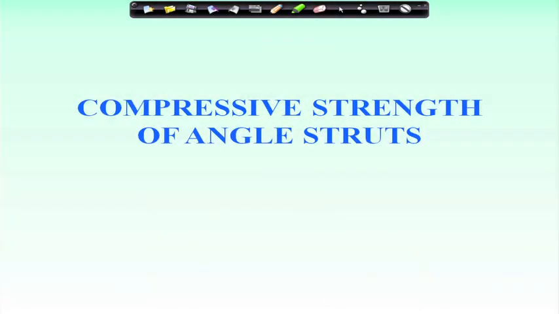This lecture will be focused on compressive strength calculation of strut angles. We know struts are called when a member is subjected to compressive force and used in a bracing system or in a roof truss.